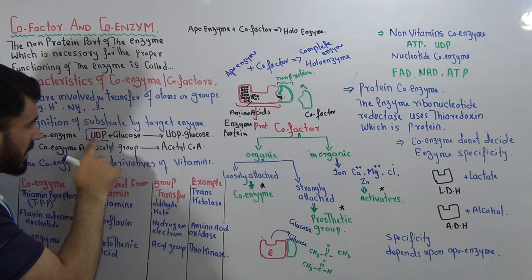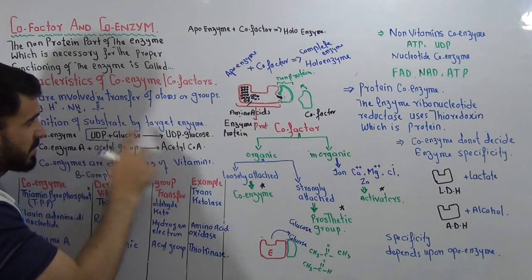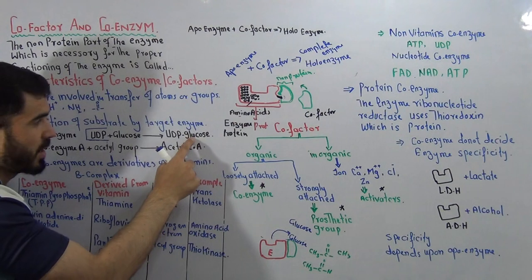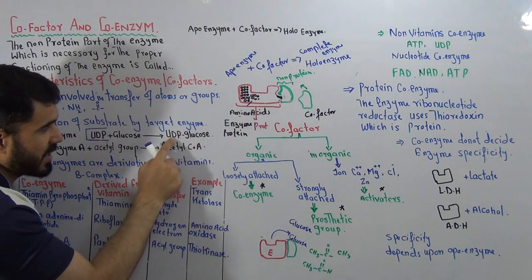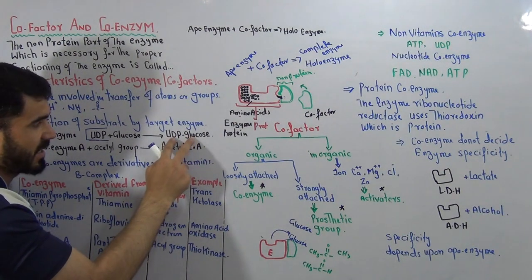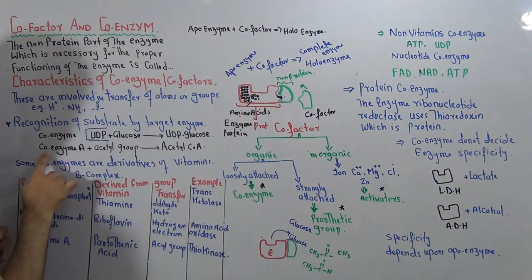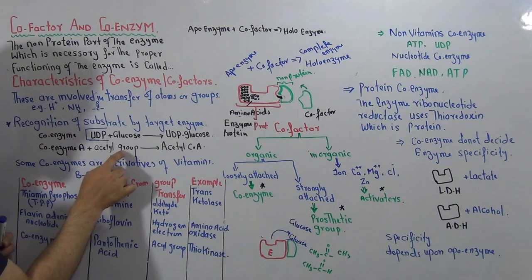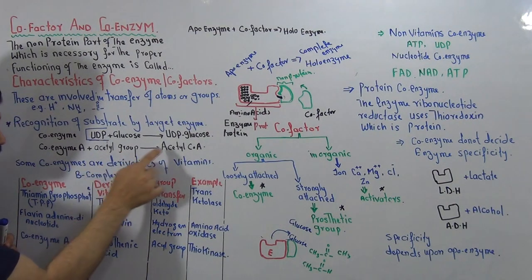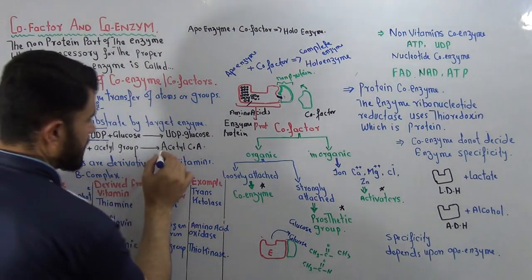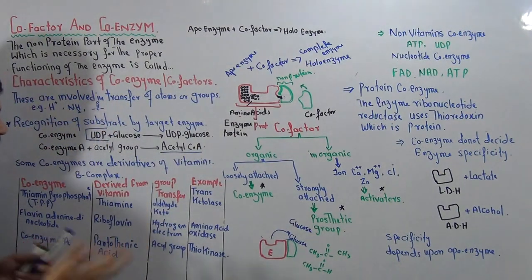And when it attaches glucose, it becomes UDP glucose. UDP glucose, coenzyme and substrate, these are attached, and now this is recognizable for the enzyme. Another example is coenzyme A, which attaches with acetyl group to become acetyl-CoA. So this is again for the recognition.